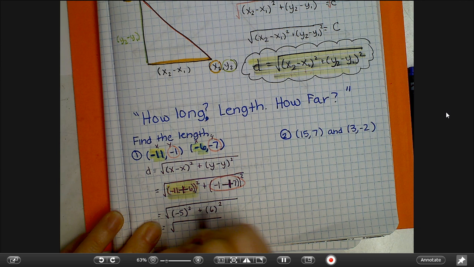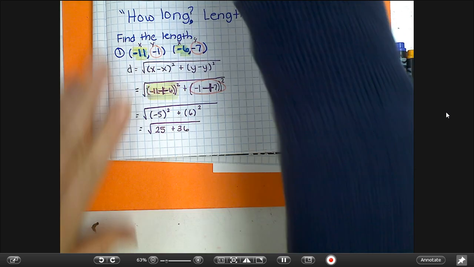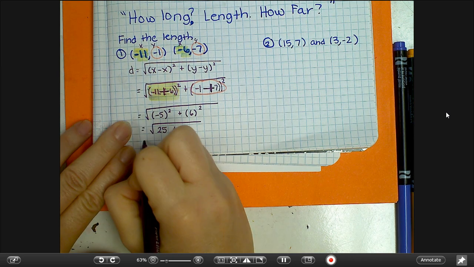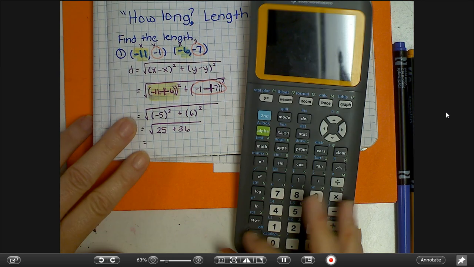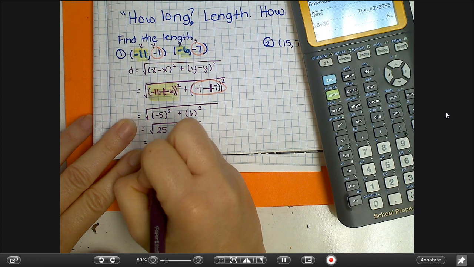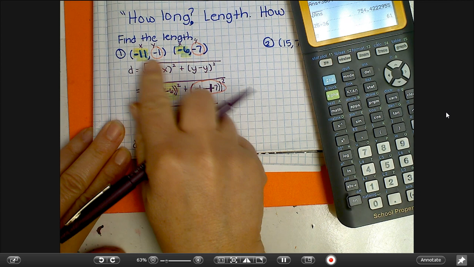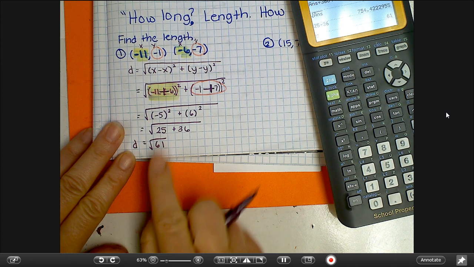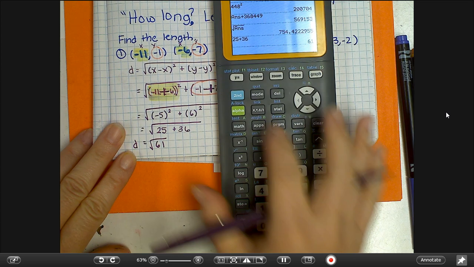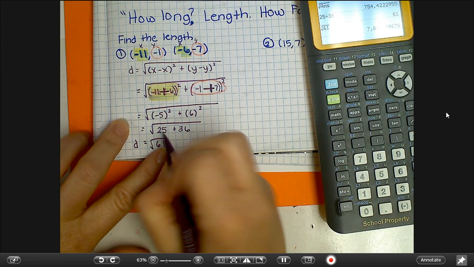Still doing the group, we have 25 plus 36, negative 5 squared and 6 squared. 25 plus 36 is 61. So the distance of the segment with endpoints here and here is the square root of 61, which is approximately 7.8.